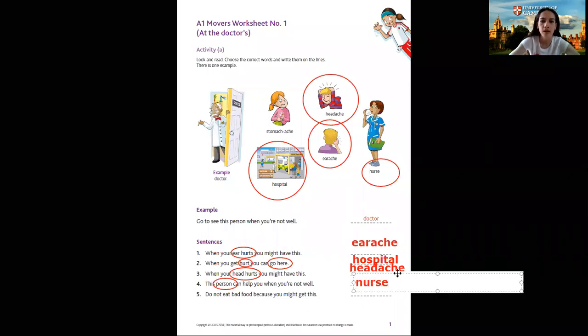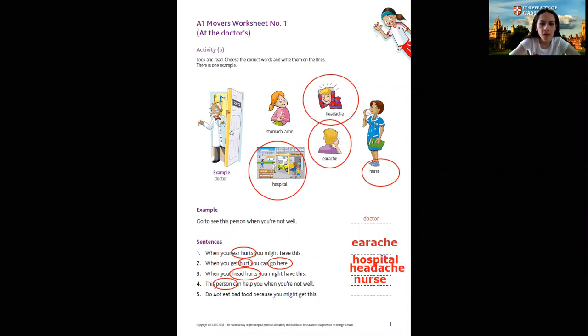Okay, that's all. Then, do not eat bad food because you might get this. Eat is a clue word. Eat and food are the clue words. Eat and food refer to which part of the body? The stomach.